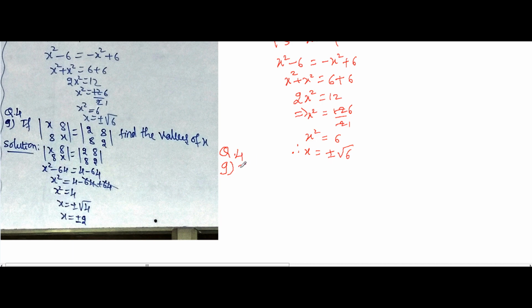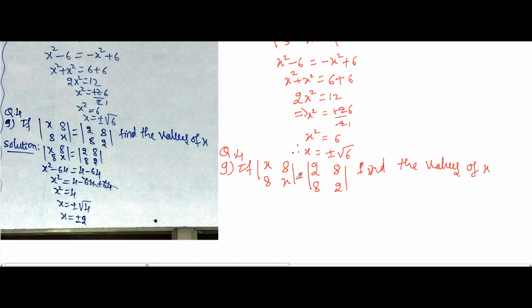So if determinant, what he has given, x 8, next is 8x, which is equals to what he has given, another determinant 2 8, next is 8 2. Okay, then he has asked to find the values of x. Find the values of x.